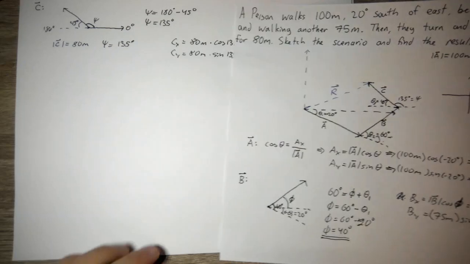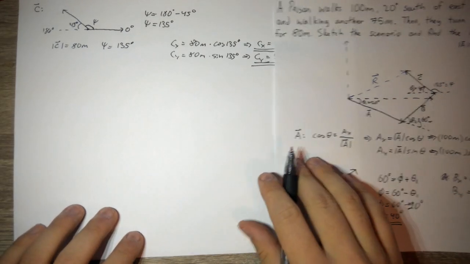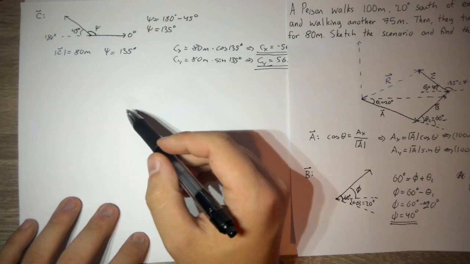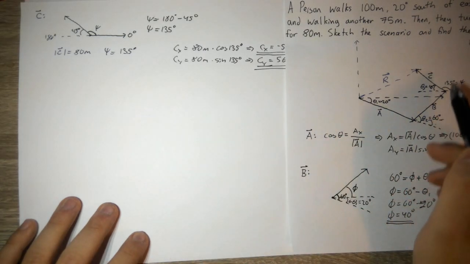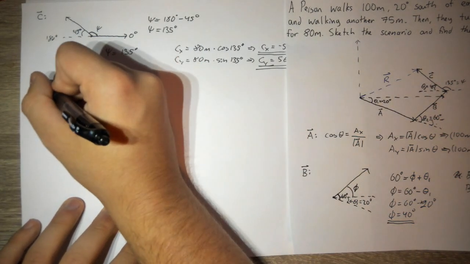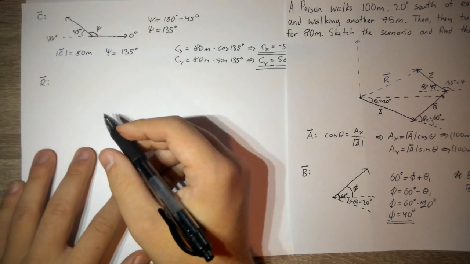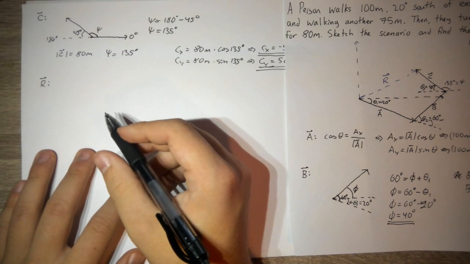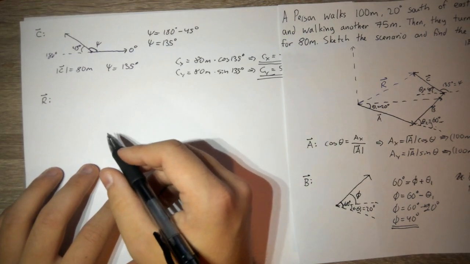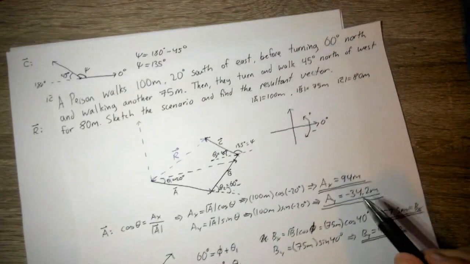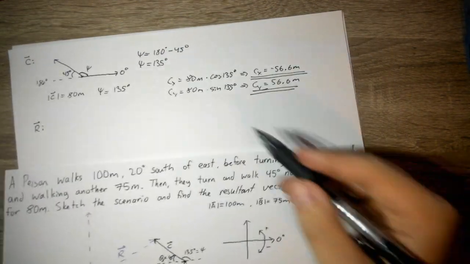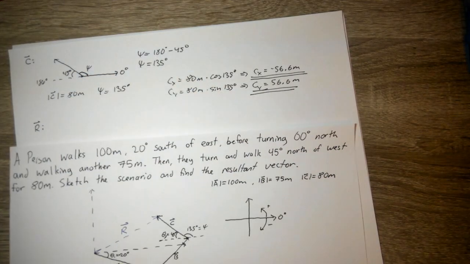So now, to find the resultant components, we have all the components of each individual vector, and so now we add the components to find the components of R. So what this looks like is we take our Ax component and our Bx component.